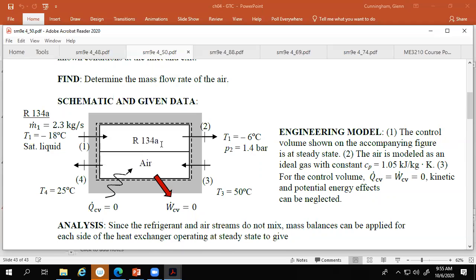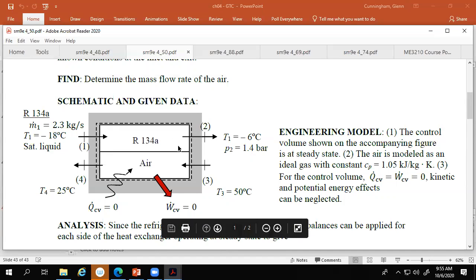So depending on how you draw the control volume determines whether or not you have a heat transfer term. If you put it around the whole kit and caboodle like you did here, then we just say, well, we've insulated all around the heat exchanger, so we essentially have no effective heat transfer to the surroundings.